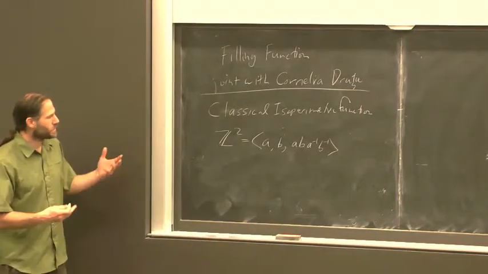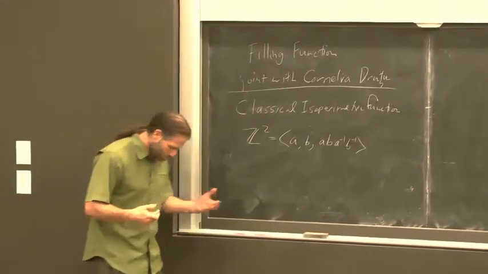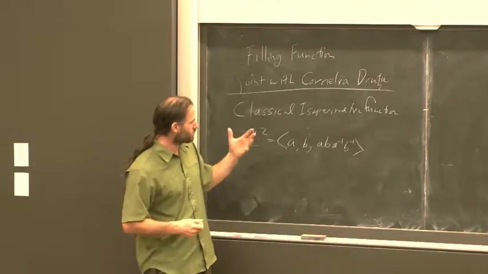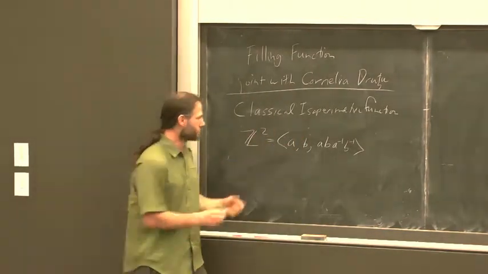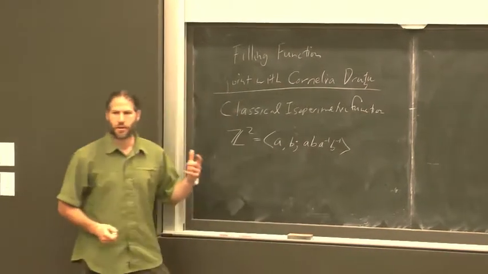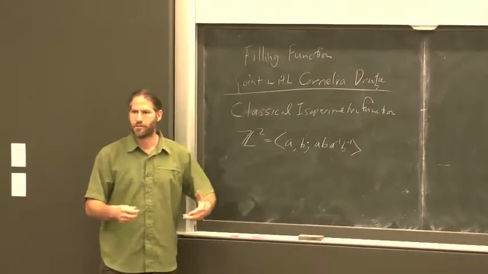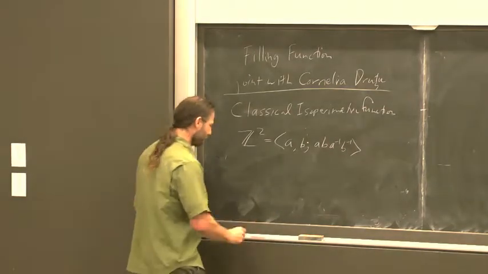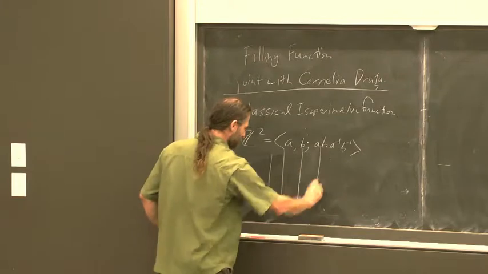Okay, so what does the isoperimetric function do? Well, you want to measure words that you could write down in terms of A and B, which are trivial in the group, and then you want to measure how difficult it is to make them trivial.